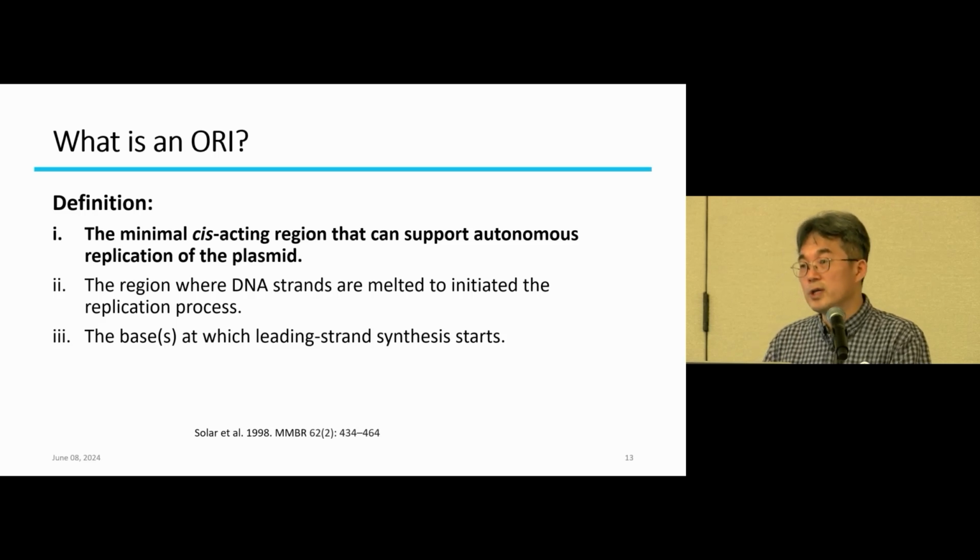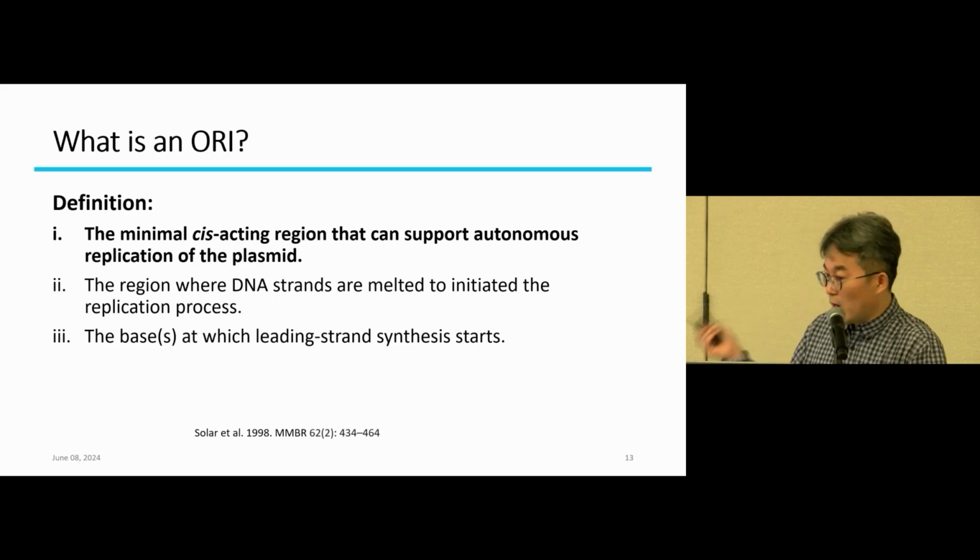They cannot coexist in the same cell, even if you put different antibiotic resistance genes onto the plasmids. Especially if your plasmid has low copy number, this will be more prominent. You may not get any transformant. If it's a high copy number plasmid, you may get some transformants, but as you subculture them, you will lose one of them. So that's why it's important.